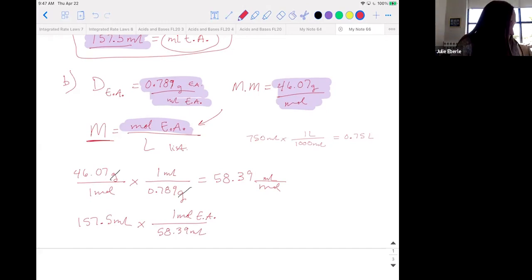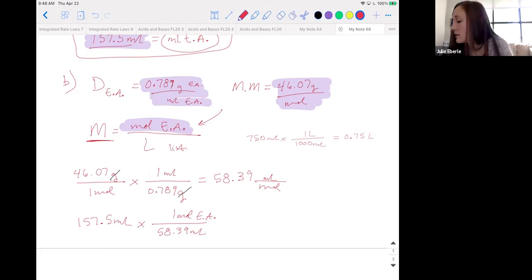So do 157.5 divided by 58.39, and I got, we'll just say, 2.7. And look what happened to milliliters. They cancel and we have units of moles on top. It's not 1 over moles, it's moles, which is good.